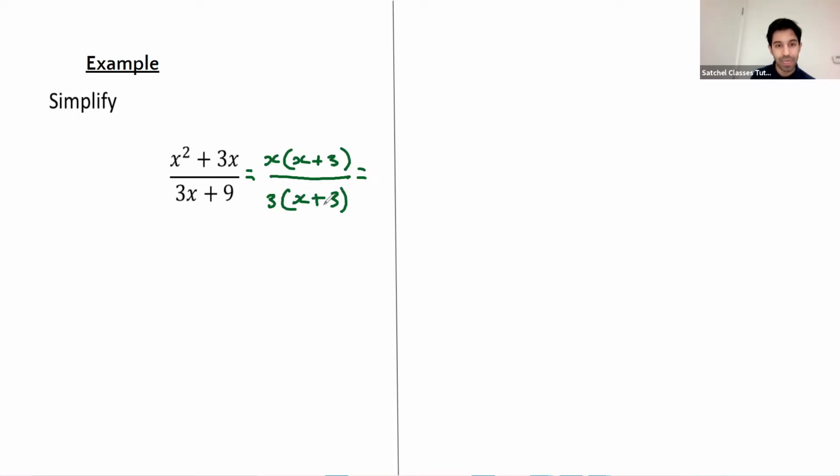So x plus 3 and x plus 3 are essentially factors of x and 3. So what I need to do is cancel these factors out. So what I'll be left with is x over 3. So this and this cancel out, leaving us with x over 3.